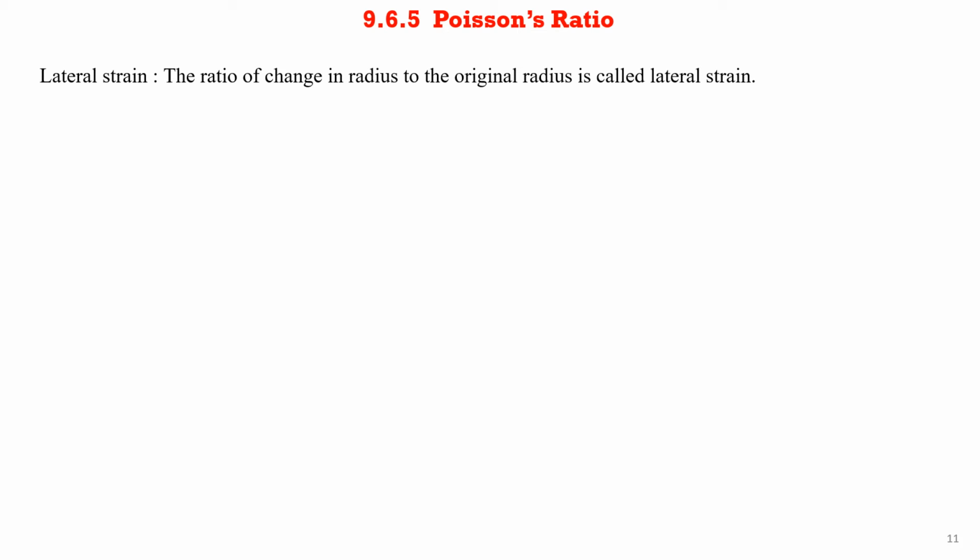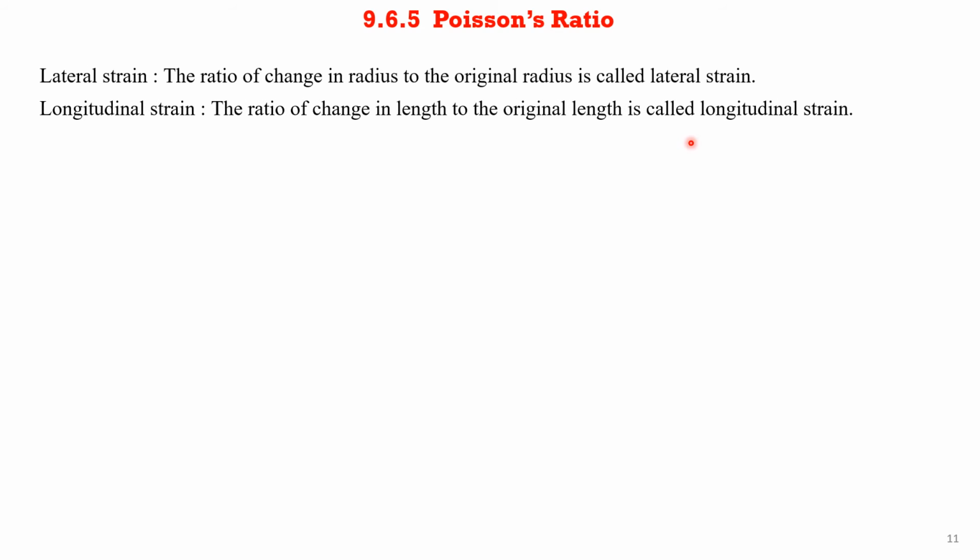To understand Poisson's ratio, we will define lateral strain. The ratio of change in radius to the original radius is called the lateral strain. Longitudinal strain: the ratio of change in length to the original length is called the longitudinal strain.